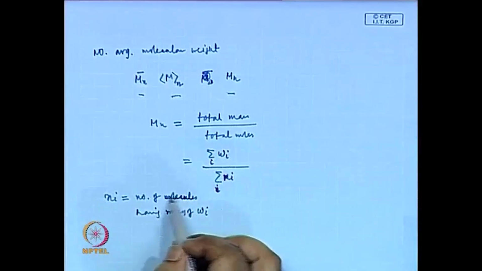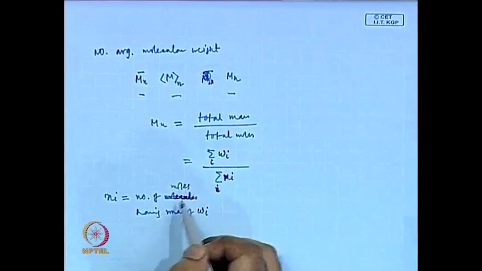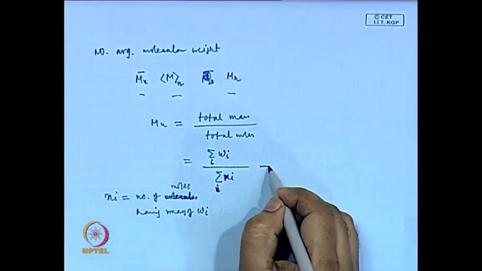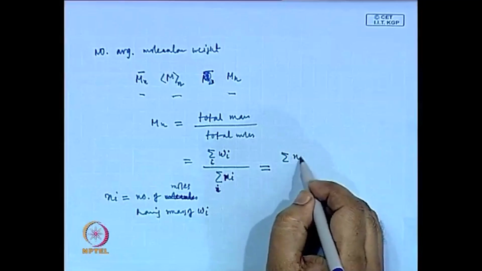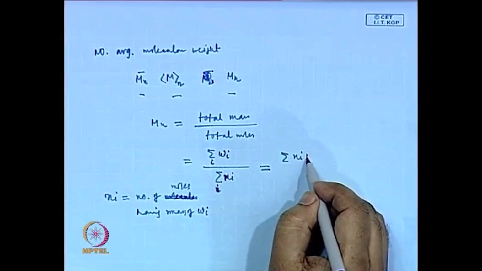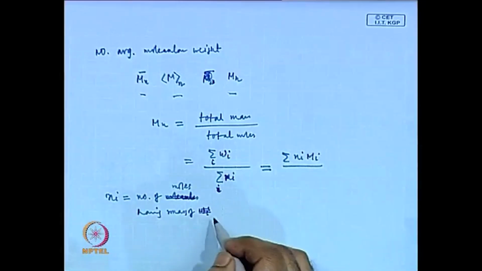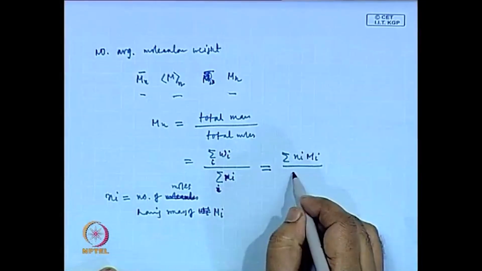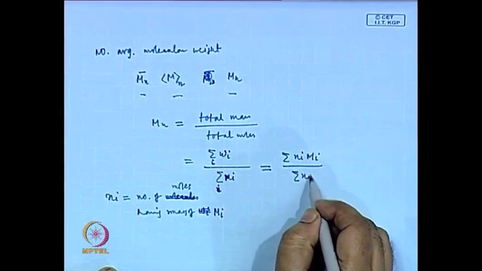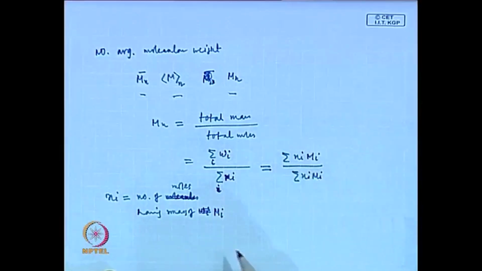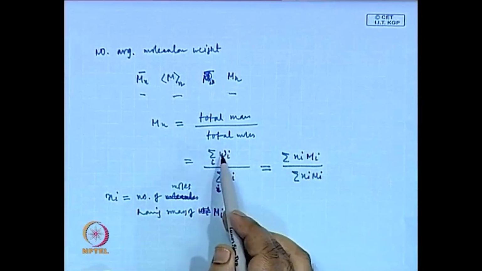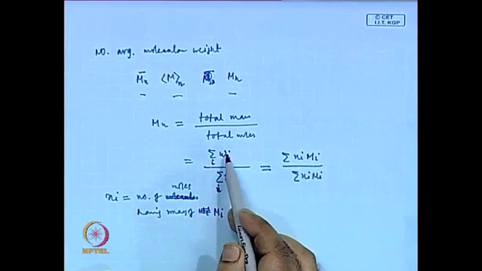Number of molecules in this case, it is moles, we are talking about number of moles of these things. So, you can write Ni, this is Mi. So, how do you get the total molecular weight, total mass of the sample?